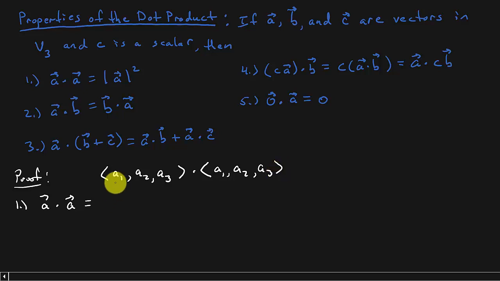If we do the dot product, we get A1 times A1 is A1 squared, plus A2 times A2, that's A2 squared, plus A3 times A3 is A3 squared.